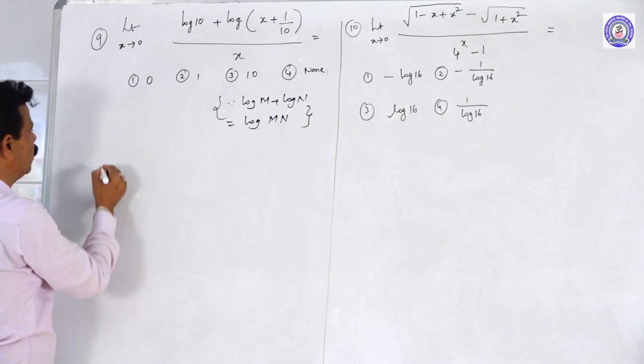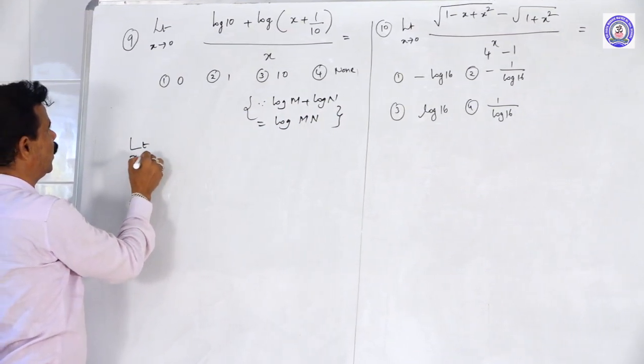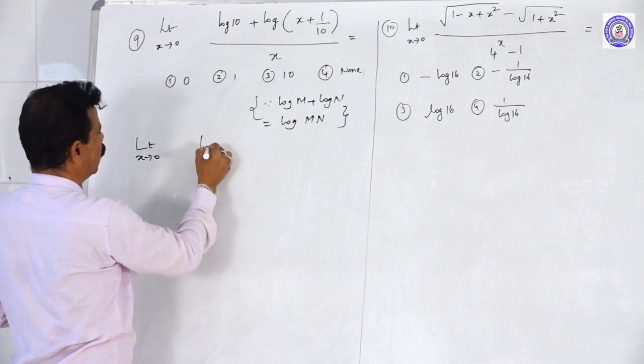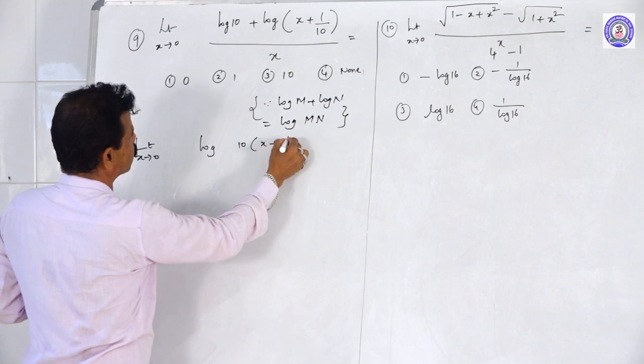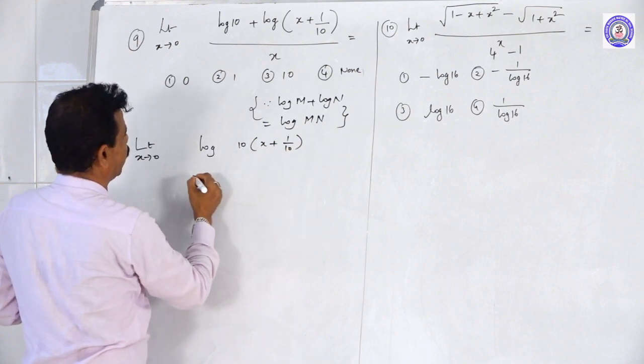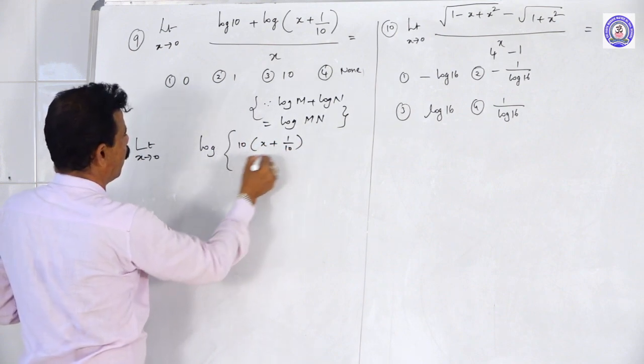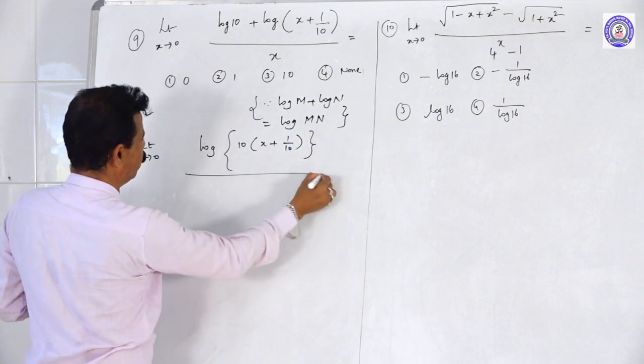According to this formula, limit x tends to 0, log mn, 10 into x plus 1 by 10, division of x.